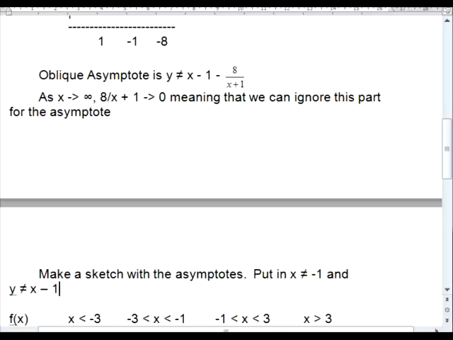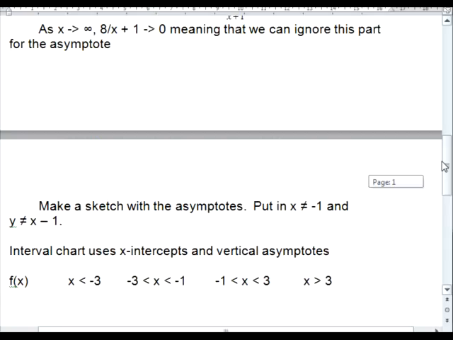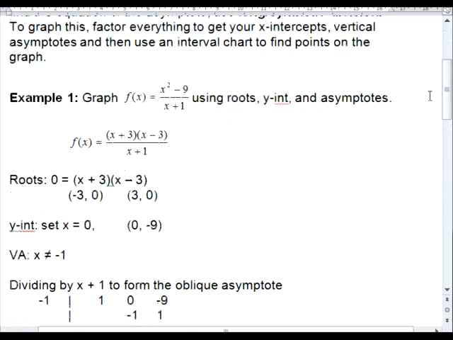So I should maybe write this here: the interval chart uses your x-intercepts and vertical asymptotes. As far as what you're putting in your f of x, it's going to be what you have in factored form: x plus 3, x minus 3, and x plus 1.